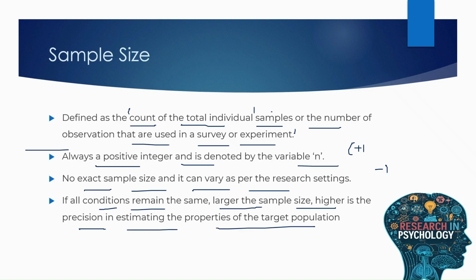That doesn't mean the sample size should be equal to the population size, no, but the larger the sample, the more precise your generalizability or estimation of the population would be. Okay, so that was the significance of sample size.